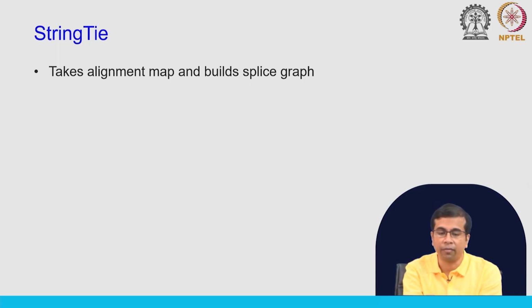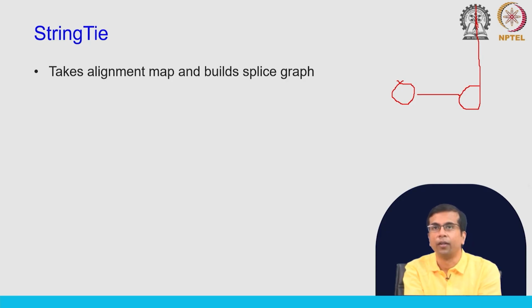So, we will have these nodes like this, and we have these edges between nodes. These circles are nodes, and then you have these edges. Now, these edges can be directed or undirected. In case of directed, this is a directed graph, in case of undirected, this is an undirected graph.